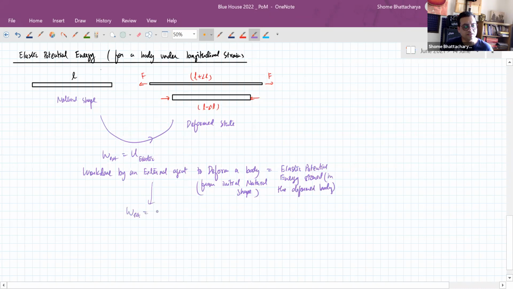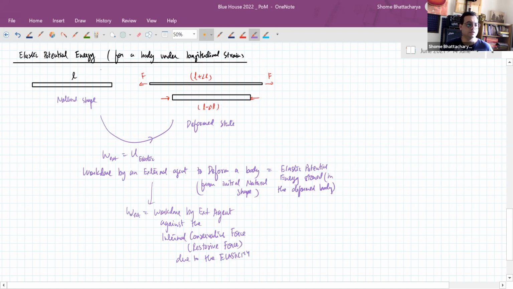So this work done by the external agent is actually work done against the internal conservative force or the restorative force, okay, which is generated due to the elasticity of the material. Hence, it is called the elastic potential energy. Okay. Just make a note of this definition first, then we will see the formula for it.